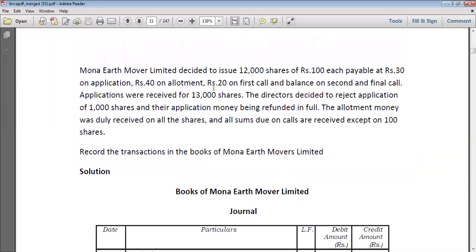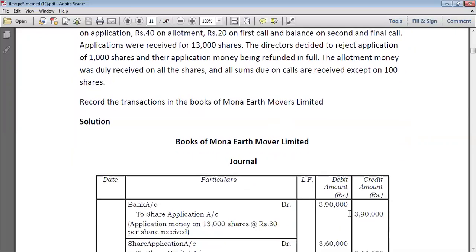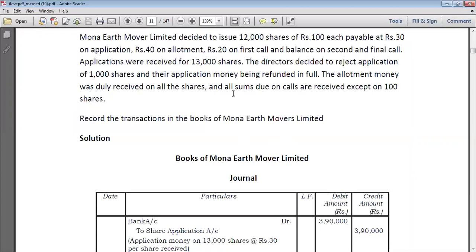Sorry, applications were received for 13,000 shares. I missed it. So on 13,000 shares, how much money will we receive on application? 13,000 multiplied by 30 is 3,90,000. But the company will reject 1,000 shares and only allot 12,000 shares.